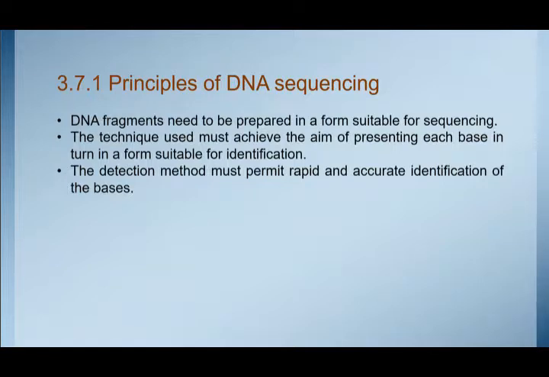First, DNA fragments need to be prepared in a form suitable for sequencing. Second, the technique used must achieve the aim of presenting each base in turn in a form suitable for identification. Third, the detection method must permit rapid and accurate identification of the bases.